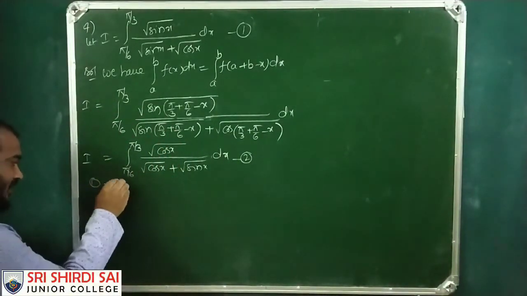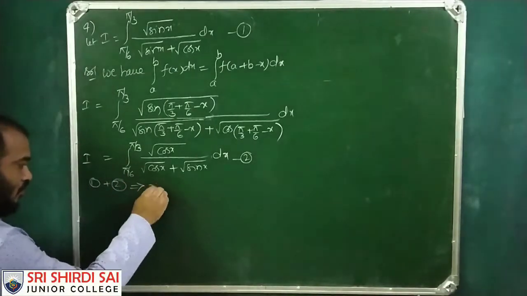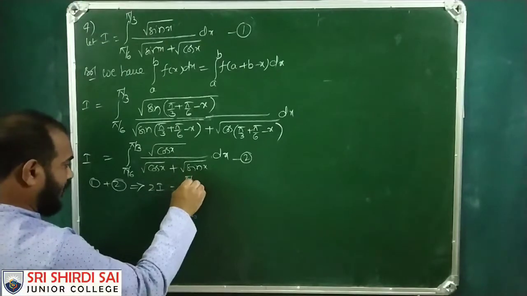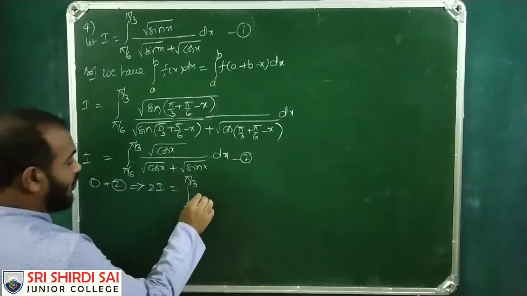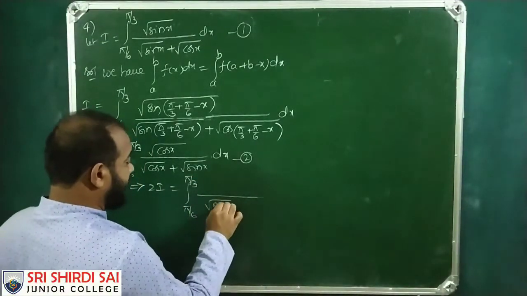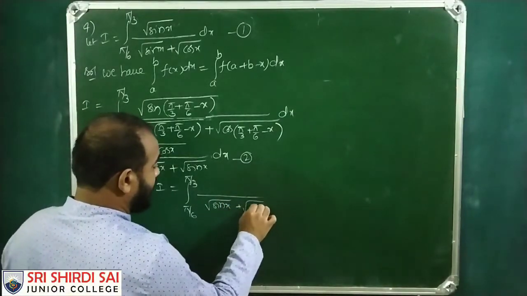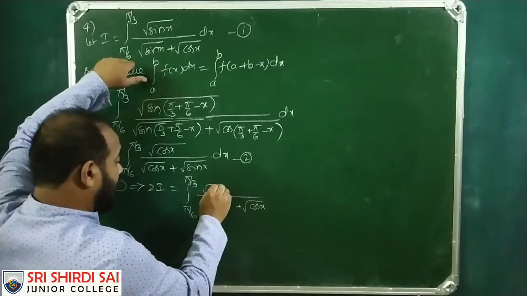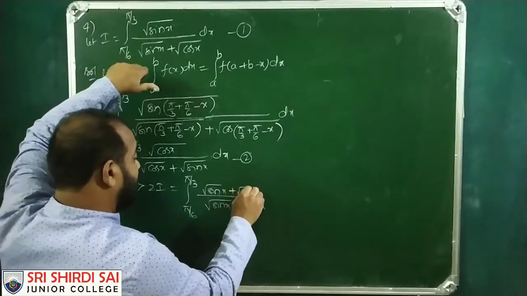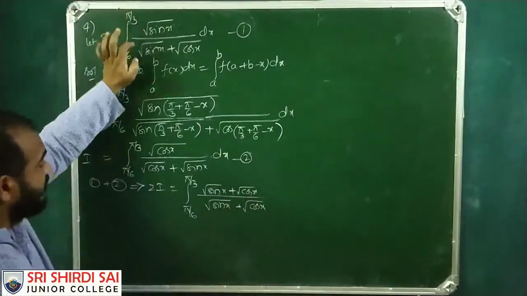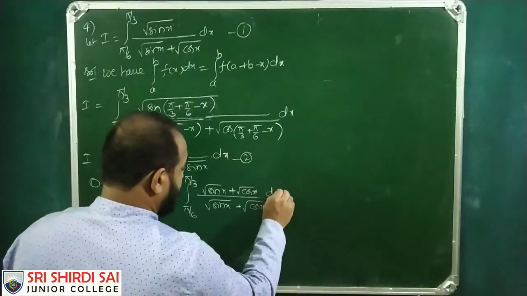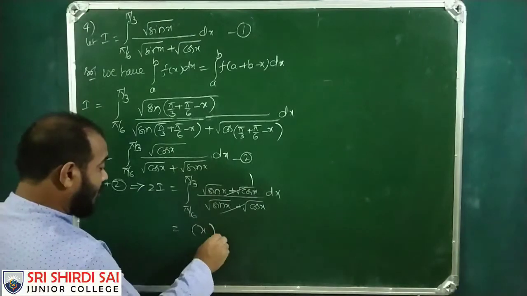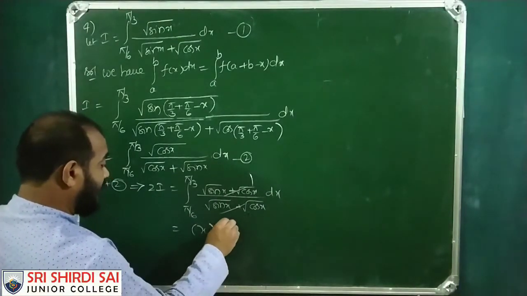1 plus 2 gives rise to 2I is equal to the integral from pi by 6 to pi by 3, the same for both 1 and 2. The denominator is root sin x plus root cos x, and if I add the numerators, it is root sin x plus root cos x, dx. So one times the integral of 1 dx is x from pi by 6 to pi by 3.